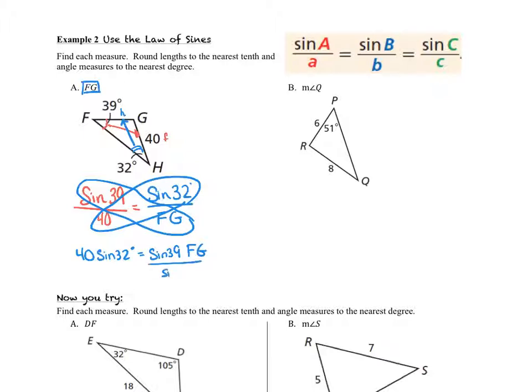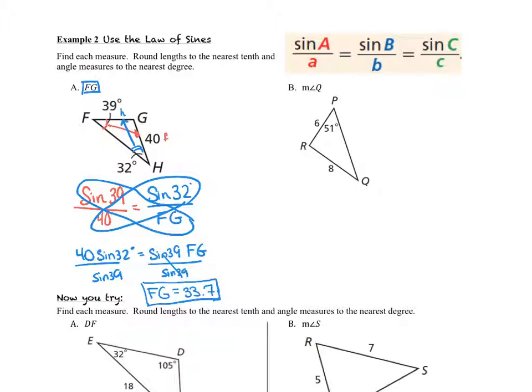And so we'll be dividing by sine 39 to solve. And so now I can just type this in my calculator and we'll get the length of FG. So we get that FG is equal to 33.7. So side lengths, it said to round to the nearest tenth, and angles to the nearest degree.